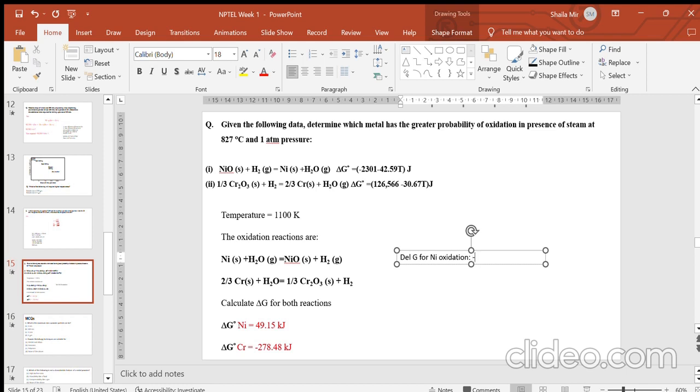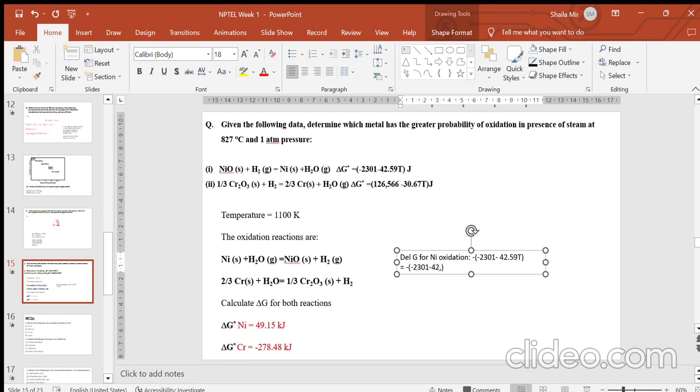I'll write here the delta G for nickel oxidation. That is, the delta G for production of 1 mole of nickel oxide is equal to the negative of (minus 2301 minus 42.59 T). That is what it was for the reduction reaction, and we take the negative of that.